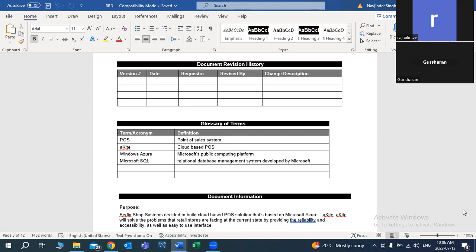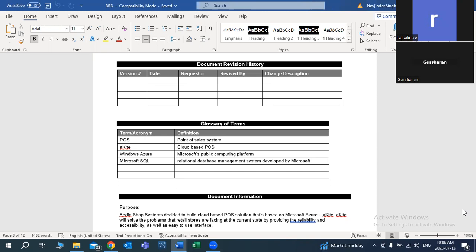Document revision history mainly explains the kind of changes you want to make in the existing document, because whatever we mention here is not final. If there are any changes in requirements, we have to make modifications, which is a continuous and regular process.